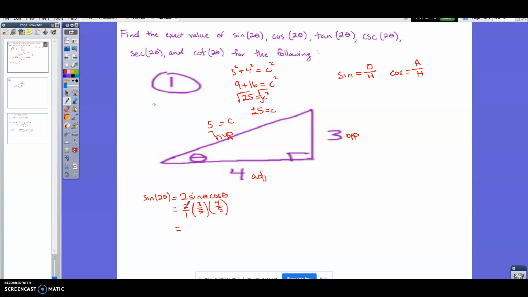And we're going to multiply straight across. 2 times 3 is 6, times 4 is 24. And if we multiply all the denominators, we get 25. So that's sine of 2 theta. Now the easy one to find, since we know sine, is cosecant, because cosecant is the reciprocal of sine. So all we have to do is take this fraction and flip it.